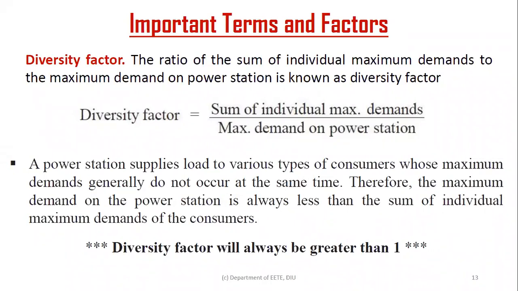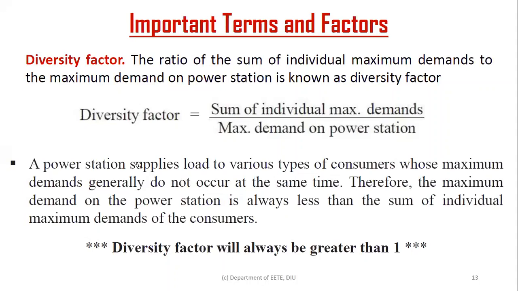It is the maximum demand at that time, but when we sum all the individual maximum demands, it will be much bigger. So that's why the upper value is bigger, the lower value is smaller. So always the diversity factor is greater than 1. That's the thing I was discussing.